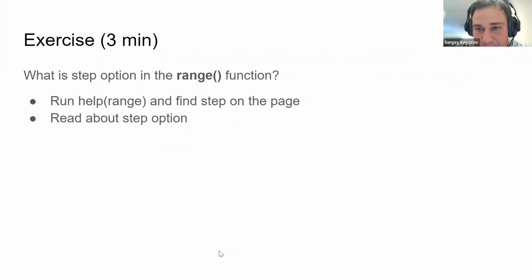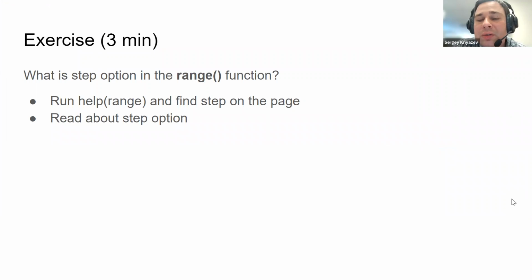Okay, and why do we need to initialize it to 0? It's because we need to set a type for this variable.